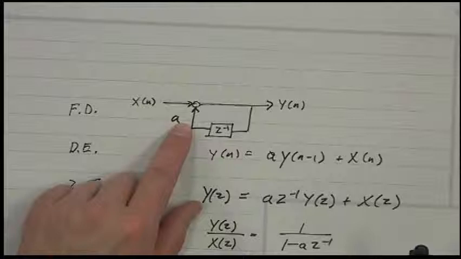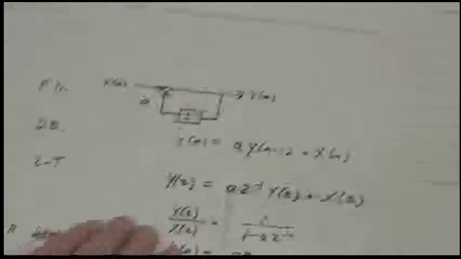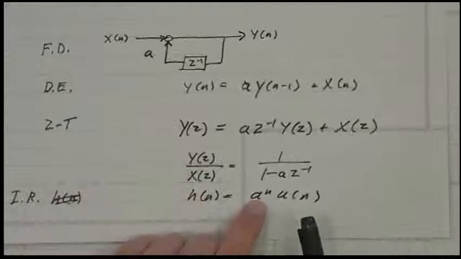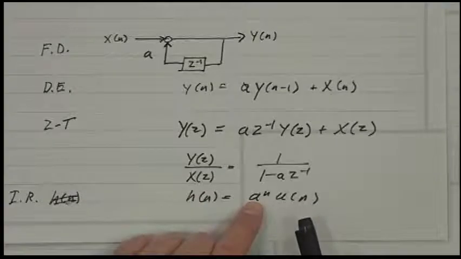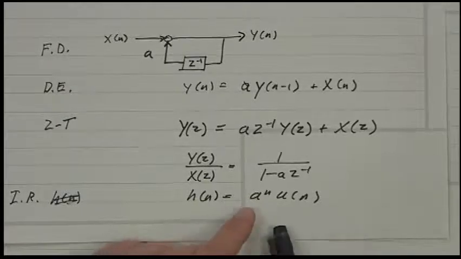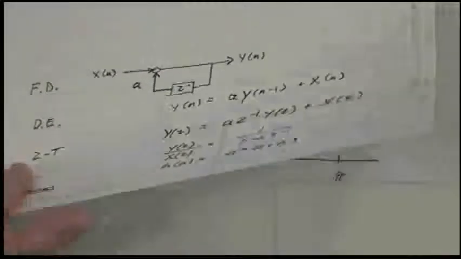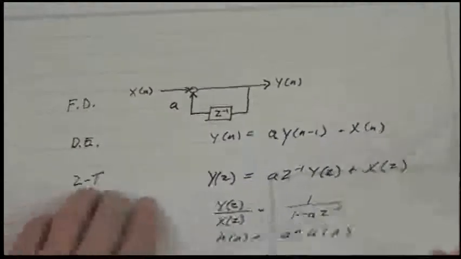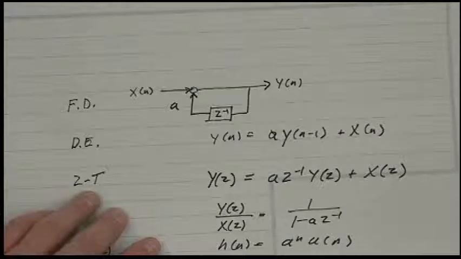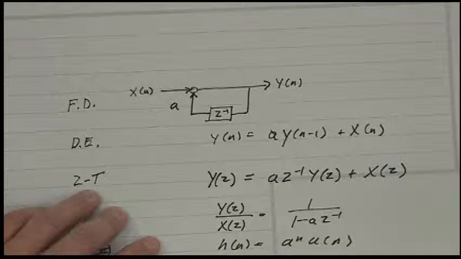It's a nonlinear relationship between a and the impulse response. a shows up as a parameter in the impulse response in this form, and that's not a linear form. So optimizing the impulse response through the choice of this parameter becomes a more complicated problem. But it may be worth it to you in an application because you can save a lot of computation.